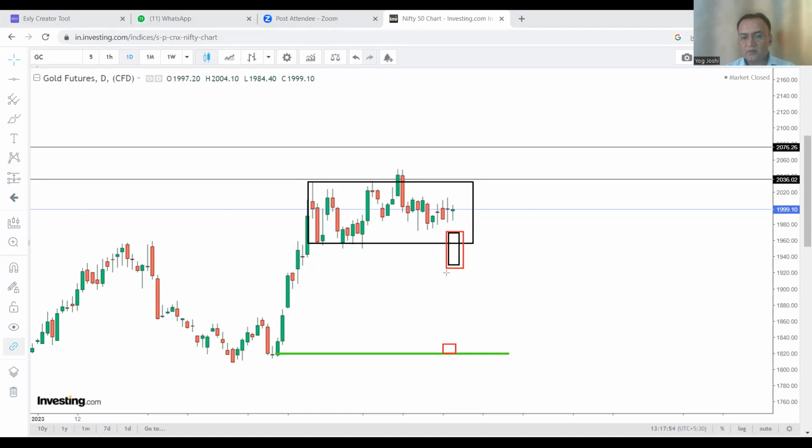Gold might fall to this level. Why? Because there is a strong bullish movement here. So if gold breaks this downward direction, this is a clear support area.